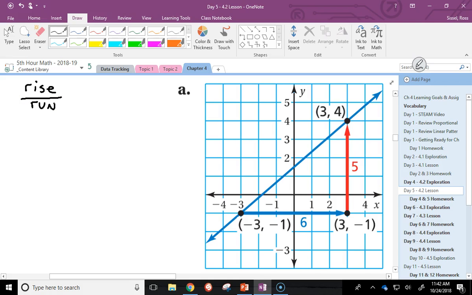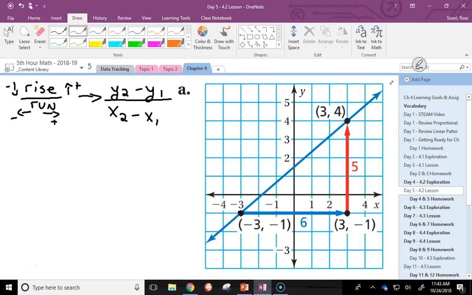If we go down, it's a negative. So I'm going to say down is a negative, up is our positive. Left is our negative, right is our positive. I'm going to start this first point, and here's my coordinates. I'm doing my rise over run, y2 minus y1 all over x2 minus x1.